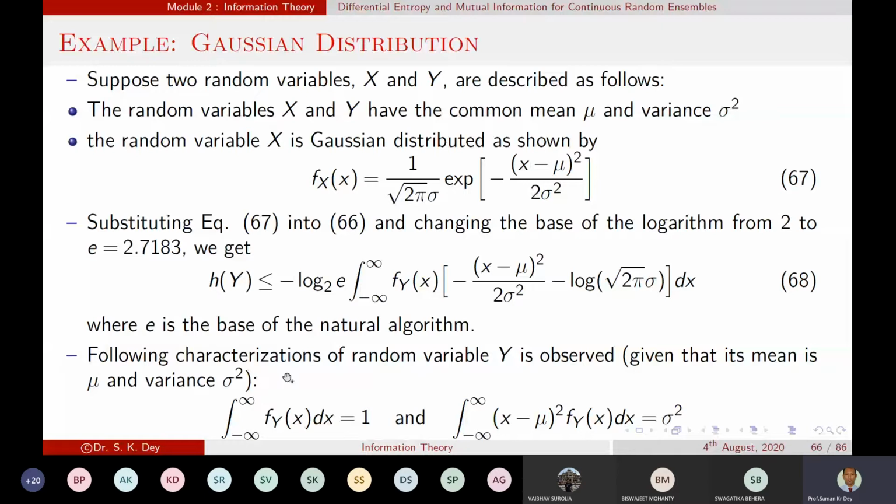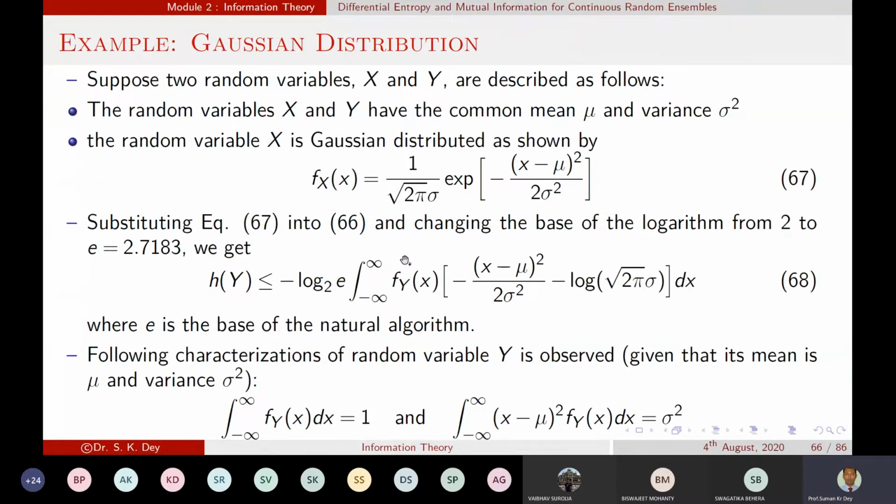The integration of the area covered by a probability density function will be equal to 1. And the second portion of this equation is nothing else but the expression for the variance, how to calculate the variance. The variance expression is sigma square, and that is equal to this integration with the probability density function.